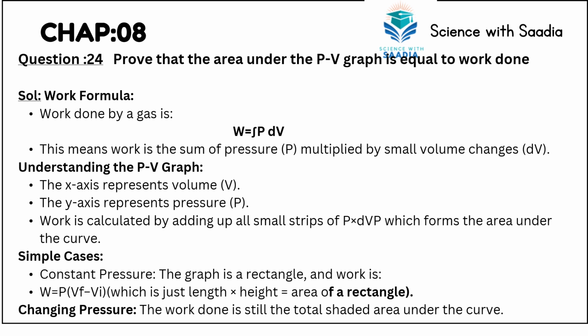Work is calculated by adding up small steps of pressure and volume, which forms the area under the curve. For the simple case of constant pressure, the graph is a rectangle, and work W is equal to P times Vf minus Vi, which is just length into height, equal to the area of the rectangle. So the work done is the total shaded area under the curve.